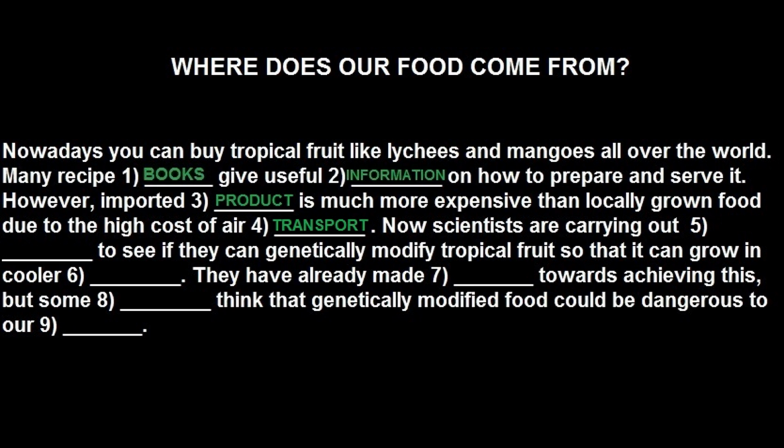Now scientists are carrying out research to see if they can genetically modify tropical fruit so that it can grow in cooler climates. They have already made progress towards achieving this, but some experts think that genetically modified food could be dangerous to our health.